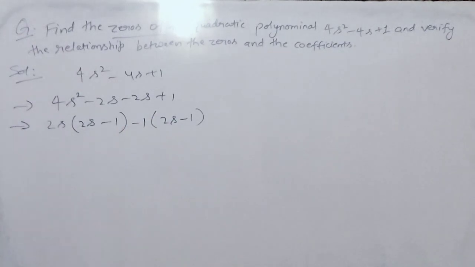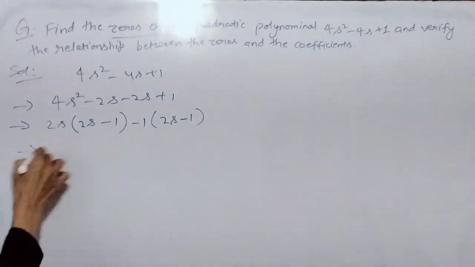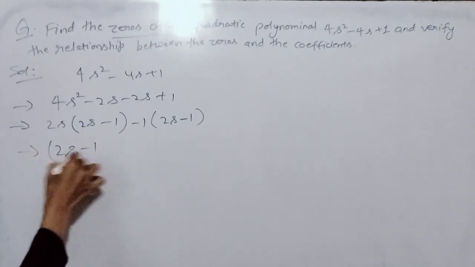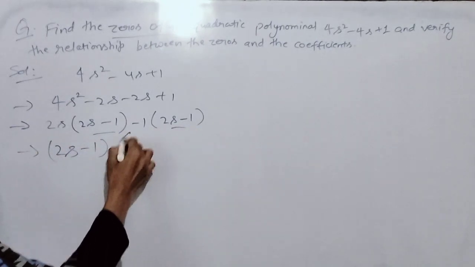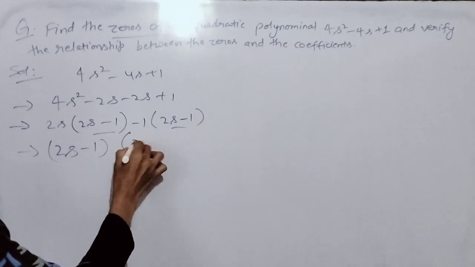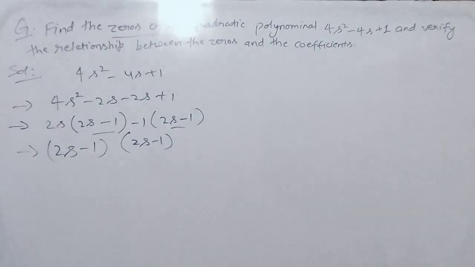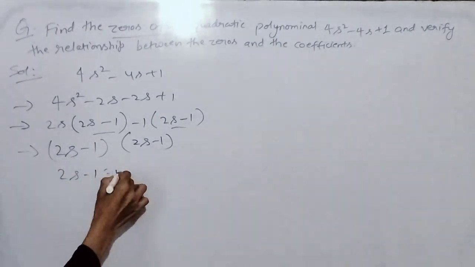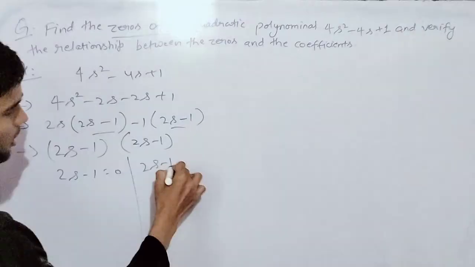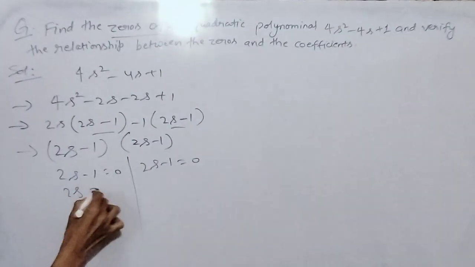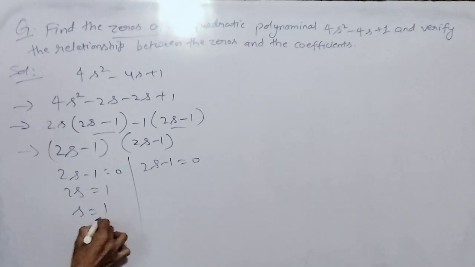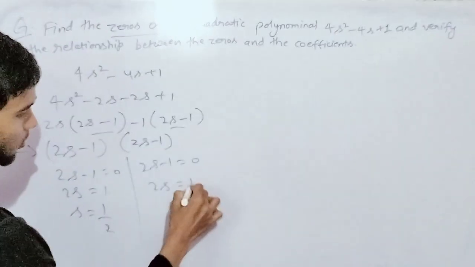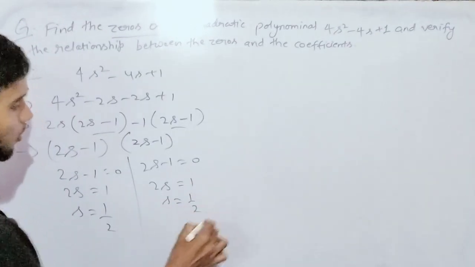Then here you can see the outside terms can be written in a bracket. Both are the same. S came as 1 upon 2. Here also the same. S came as 1 upon 2.